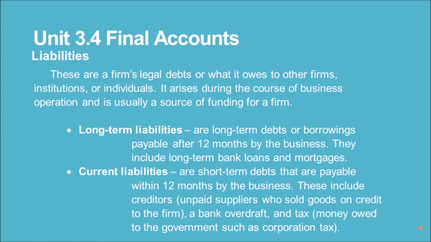They include long-term bank loans and mortgages. Current liabilities are short-term debts payable within 12 months by the business. These include creditors, unpaid suppliers who sold goods on credit to the firm, a bank overdraft, and tax, money owed to the government such as corporation tax.